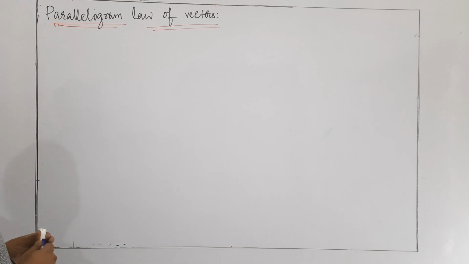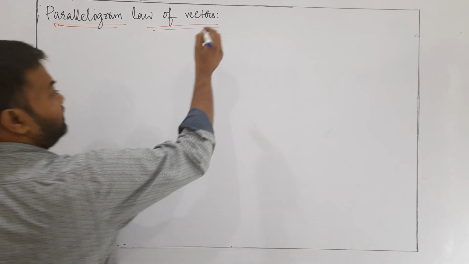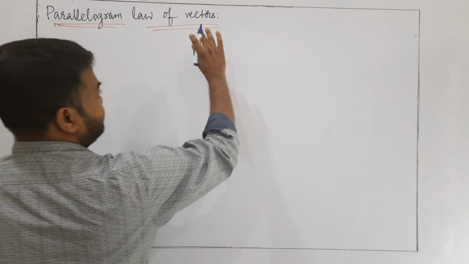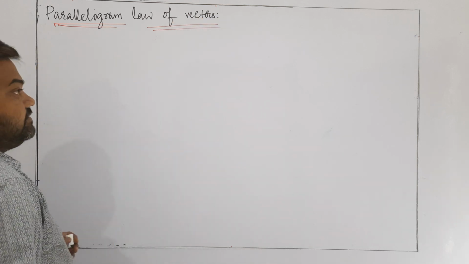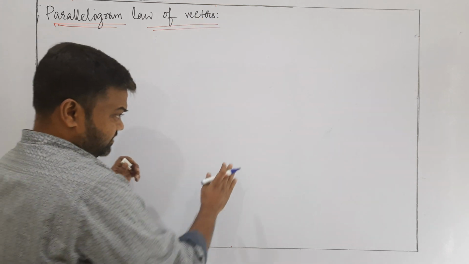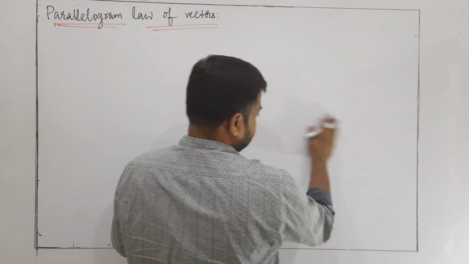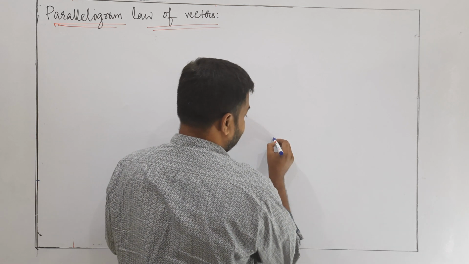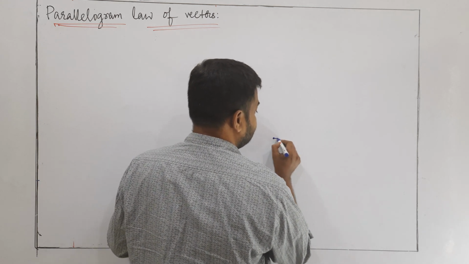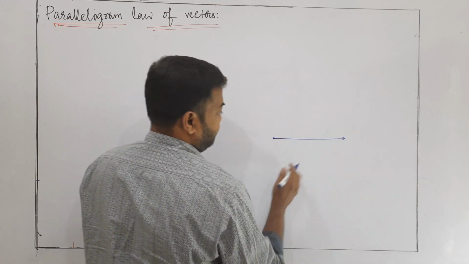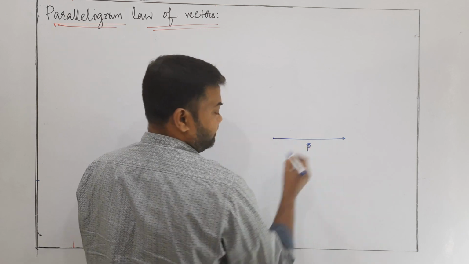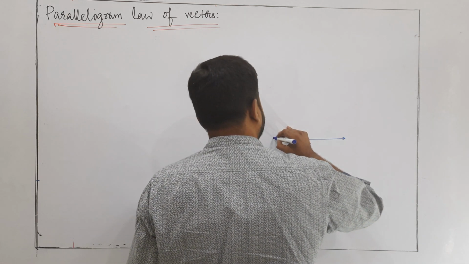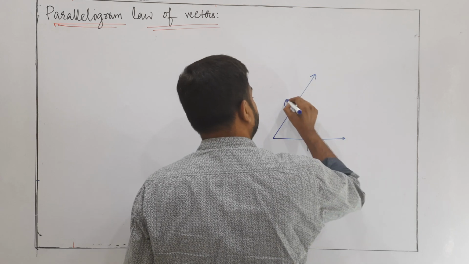First we will write the statement, and explain it directly with a diagram. If two vectors are acting at one point, this is one vector, P bar, and another vector Q bar.